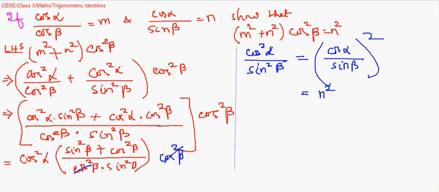The next one, I give you a question and would like you to solve it by yourself. So note down the question. It says, if cosec theta minus sin theta is equal to L and sec theta minus cos theta is equal to m.